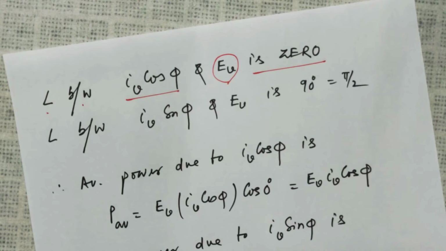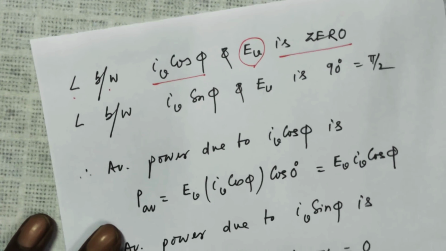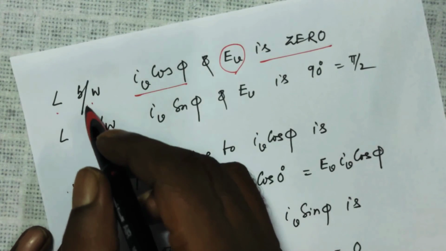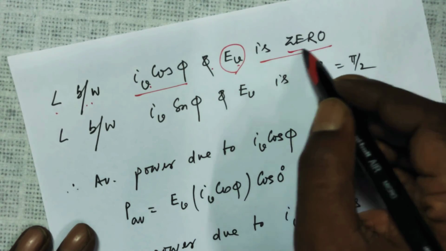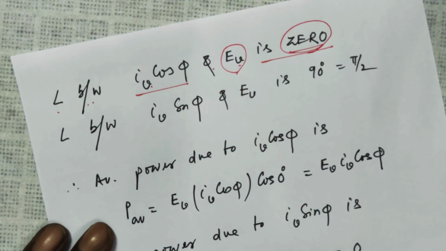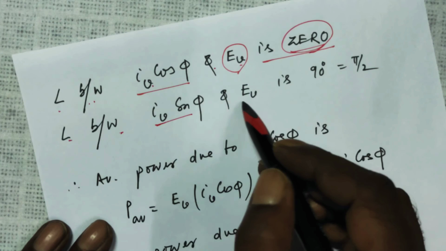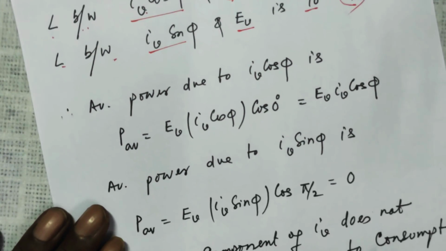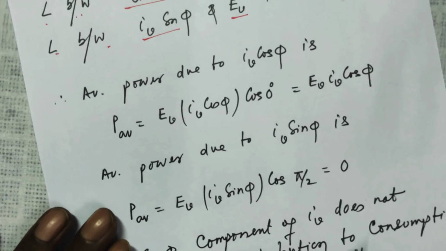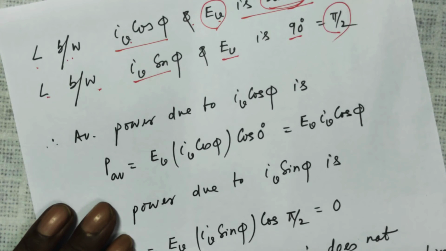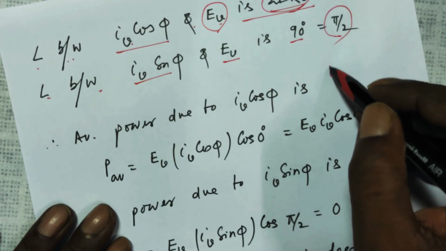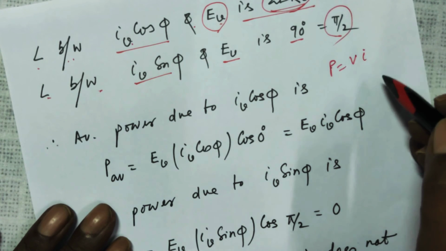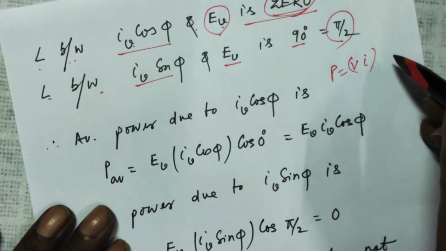So let us put the expression for the power formula for both the currents. The angle between IV cos phi and EV is 0, and the angle between IV sin phi and EV is 90 degrees, that is pi by 2. We know that power is equal to voltage into current, P is equal to VI.